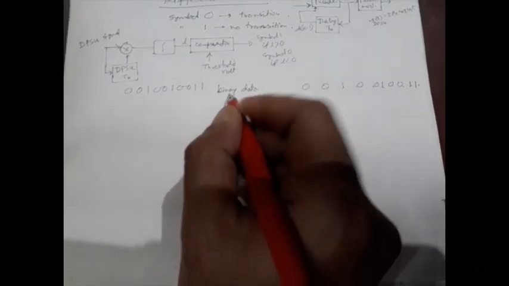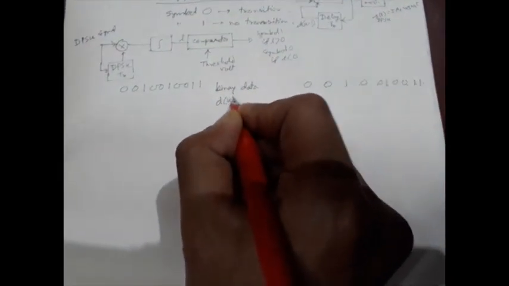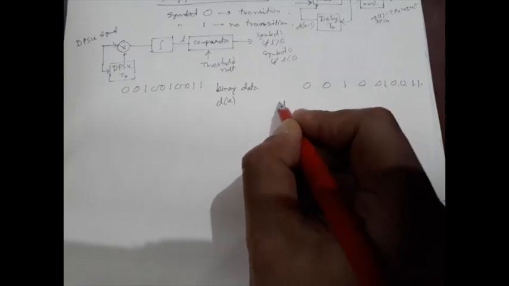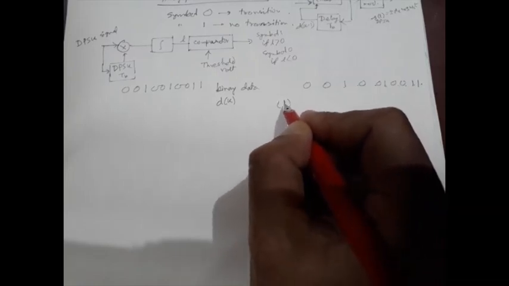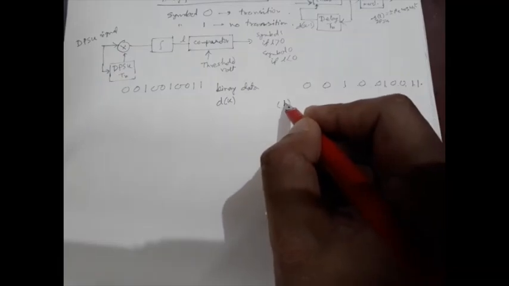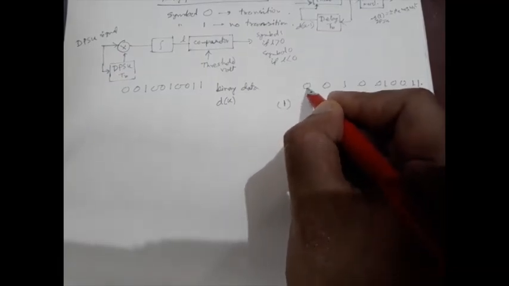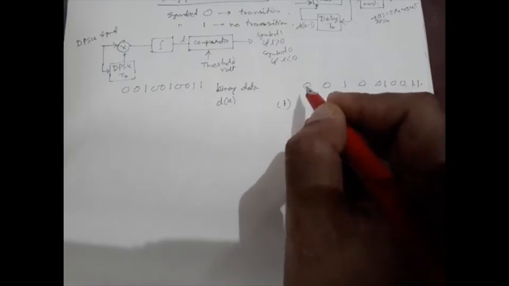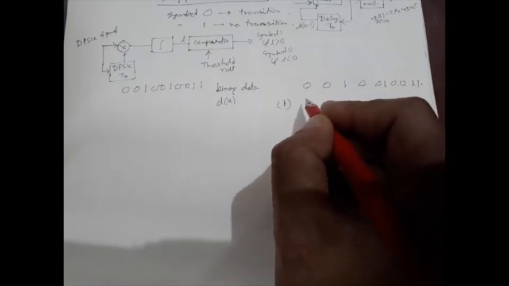Now we have to determine the differentially encoded data, and for that, as you can see, we need previous data. So for the first bit, we assume a bit 1 as if it was a previous bit. So the previous bit is 1, this bit is 0, so there is a transition, and transition is represented by logic 0.